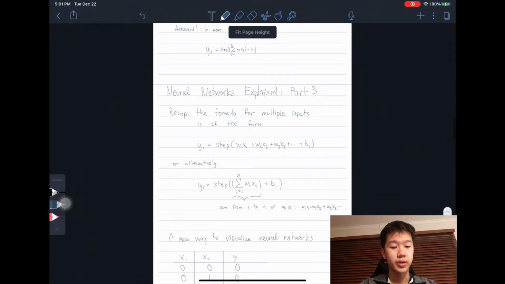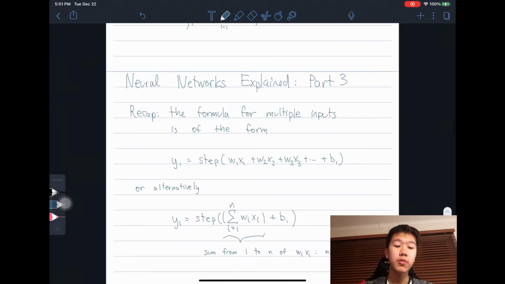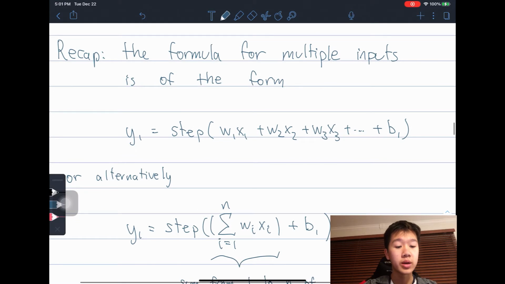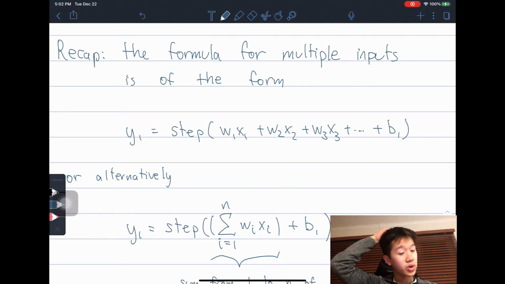So we have seen that the formula for multiple inputs is of the form y1 is equal to step of w1 x1 plus w2 x2 plus w3 x3 and so on up until wn xn, where n is the number of inputs. Then you add the bias, so plus b1.